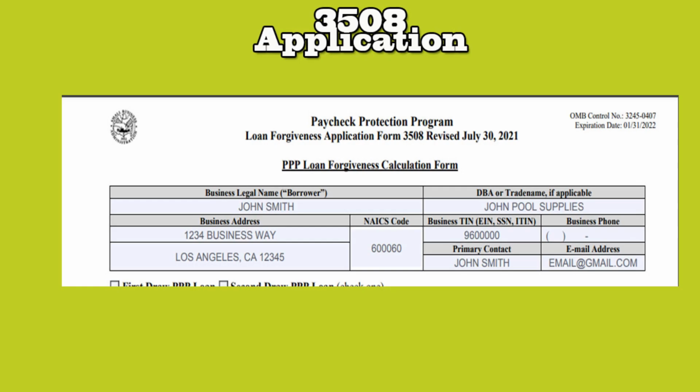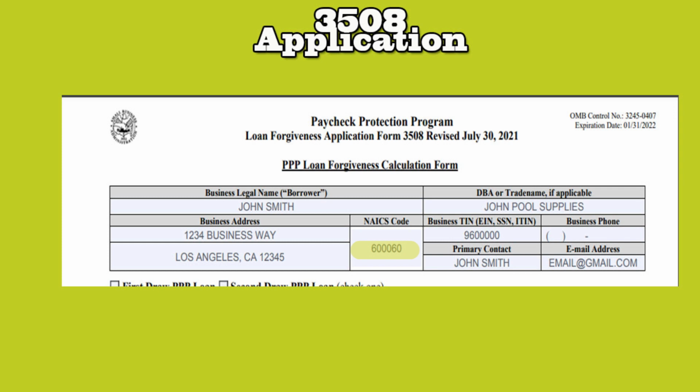Now, in the NAICS code section, this is your business code. This code is given to you by the IRS. So if you are doing business in retail, you would have a retail NAICS number. If you are doing business in automotive, you would have that number.